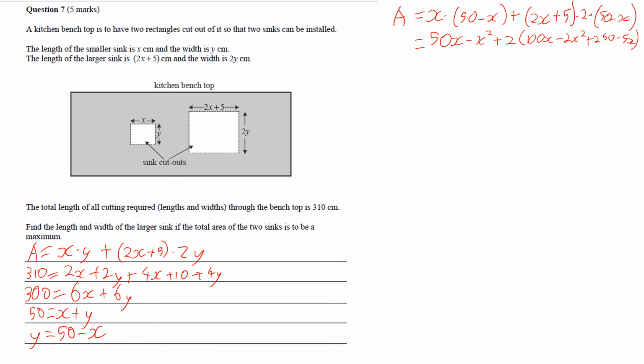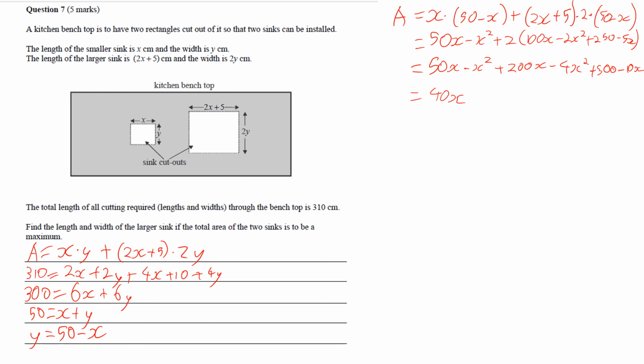Now let's expand that bracket as well. This is a very long problem, lots of places where you can make mistakes. So 50x minus x squared plus 200x minus 4x squared plus 500 minus 10x. Now let's combine our like terms. We've got 50x and minus 10x will give us 40x.